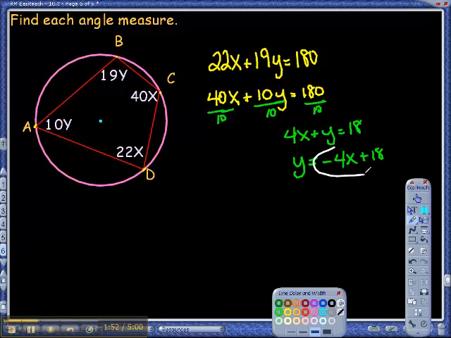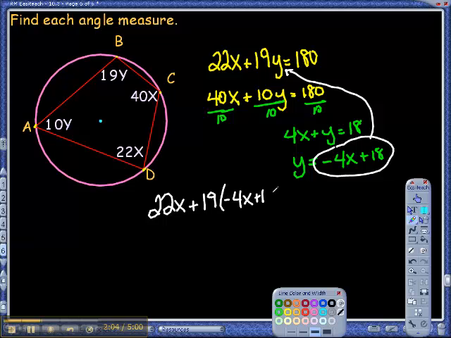All right, now that I know what y is, let's put this in place of y in the equation. So 22x plus 19 times the quantity of negative 4x plus 18 is equal to 180. As we distribute, we have 22x.